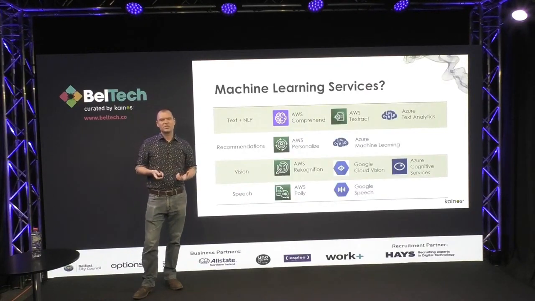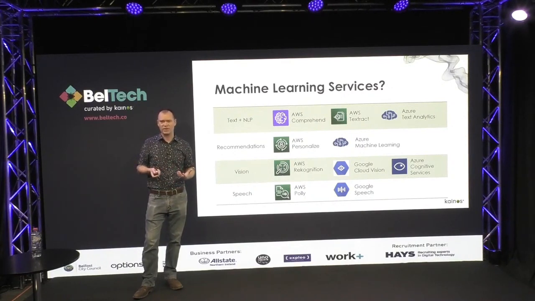So machine learning services that are out there at the moment, this is just really a splash of logos. We've got a number of different cases where potentially you could look to the cloud vendors for products that they can provide around these. So you have everything from text and NLP, which we'll be talking about here, to if you want to do something with other unstructured data formats like speech and vision, looking at recommendations.